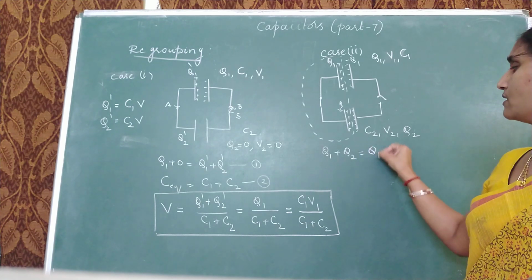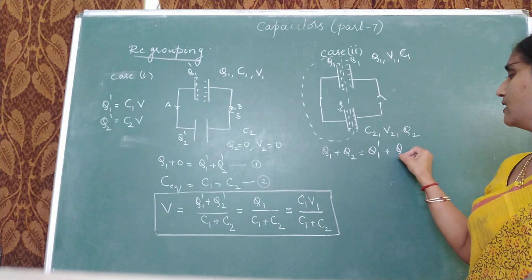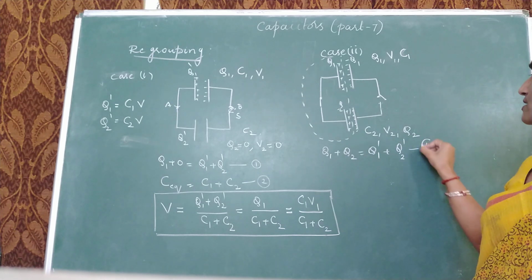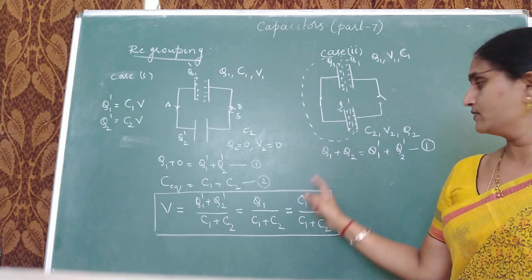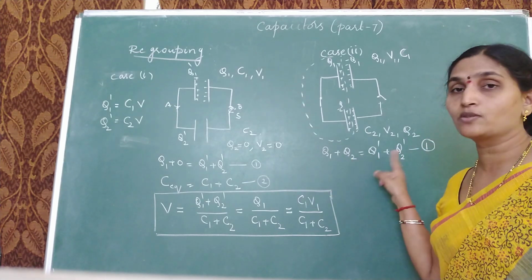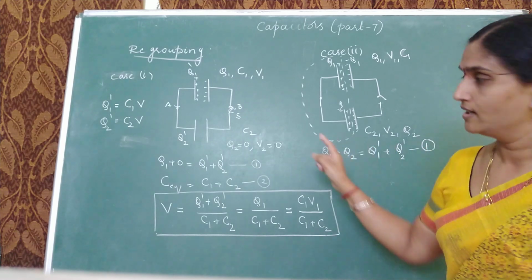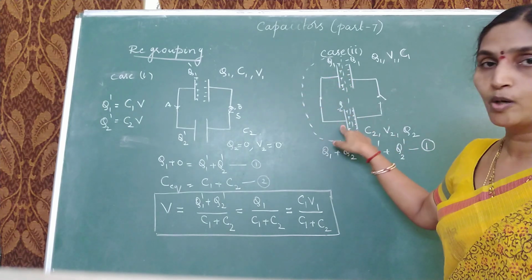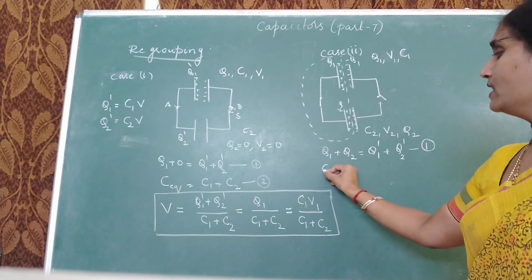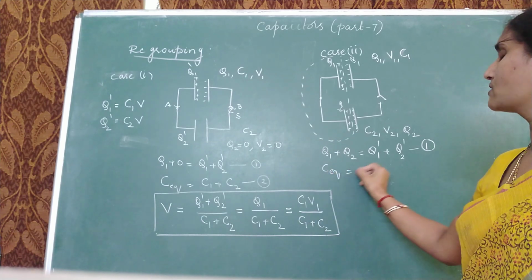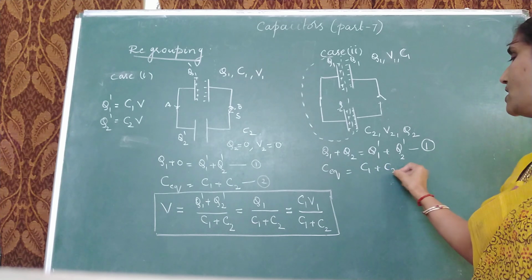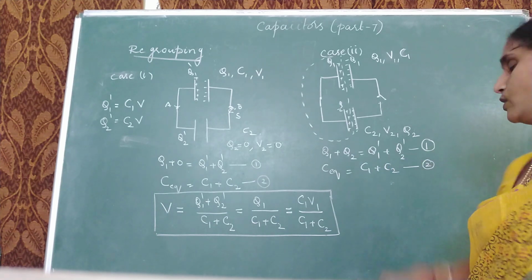Let the charges be Q1 dash and Q2 dash. Call this equation 1. Sum of the charges before should be equal to sum of the charges after connecting, since you are connecting positive to positive. Now the equivalent capacitance remains C1 plus C2. Call this equation 2.